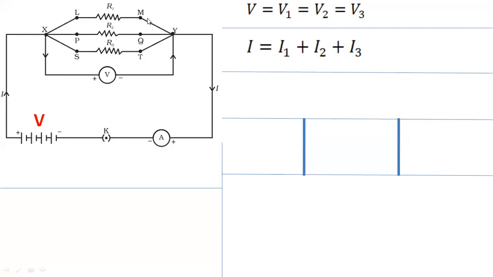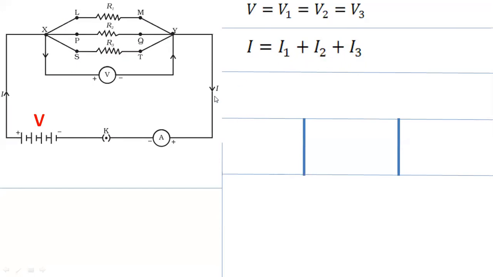Later on we saw it got combined at point Y. So initially I was divided into I1, I2 and I3, then it combined at Y. So we can say that I is equal to I1 plus I2 plus I3. These I1, I2 and I3 were created from I, so if we add them, we will get the actual current. So I is equal to the addition of I1, I2 and I3.